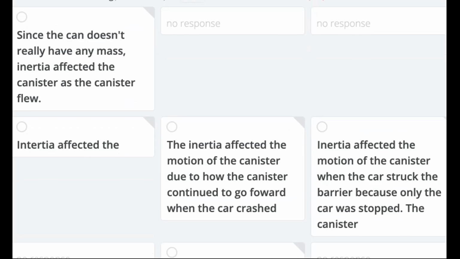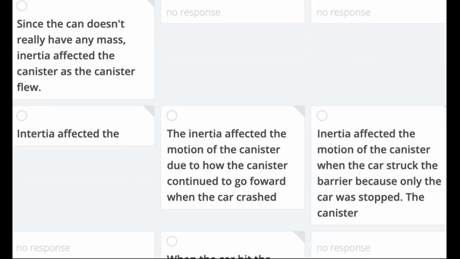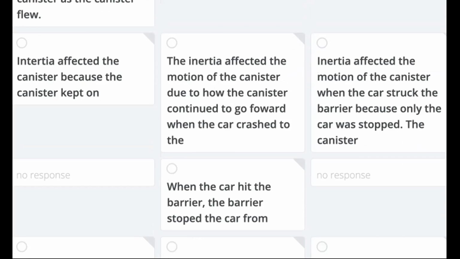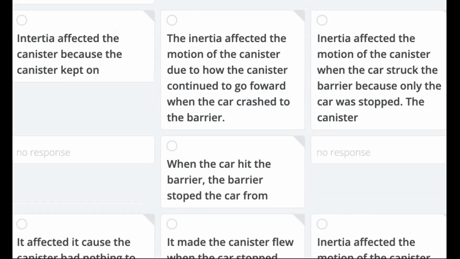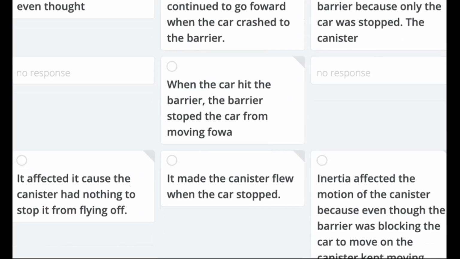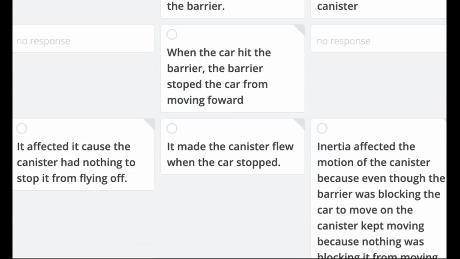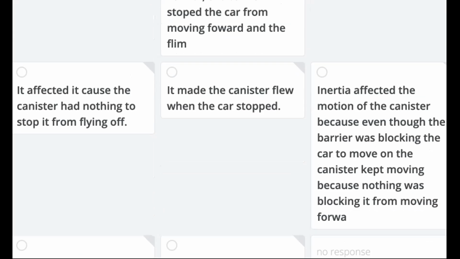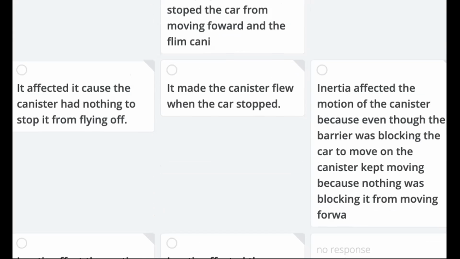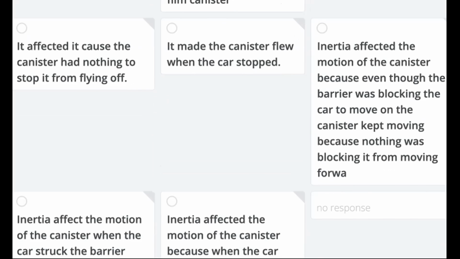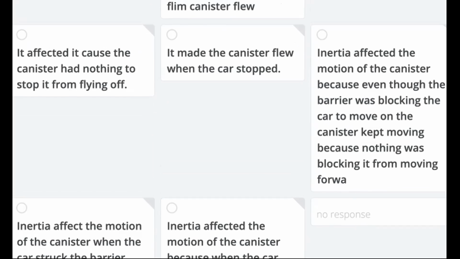So the can doesn't have much mass. Inertia affected the canister. It flew. Good. The car struck here. The car was stopped. The canister had more. The canister continued to go forward.